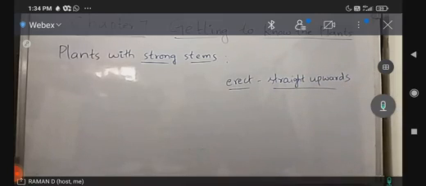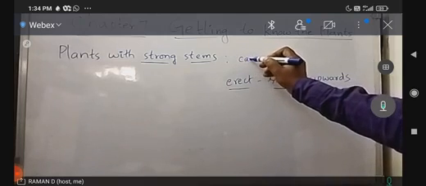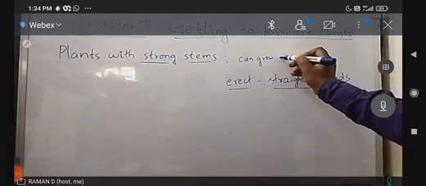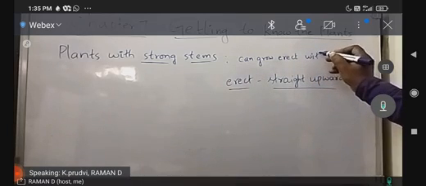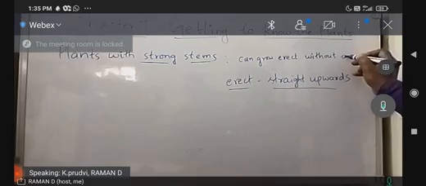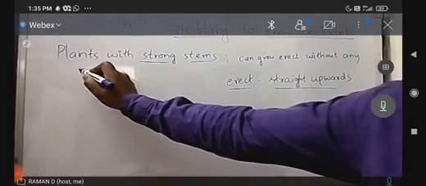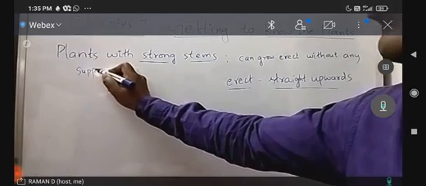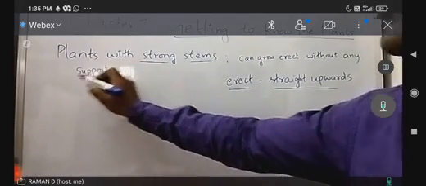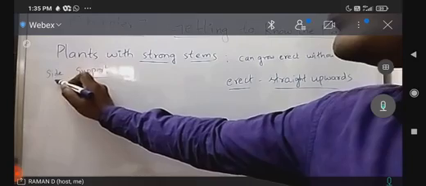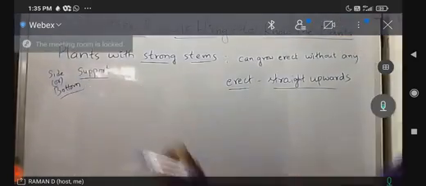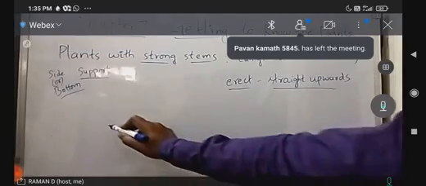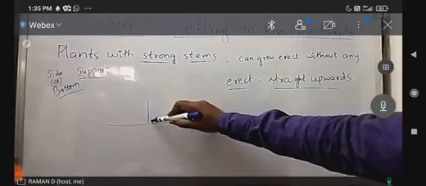The plants with strong stems can grow erect without any support, without any side or bottom support. For example, if you take a plant, it will keep growing upwards like this.